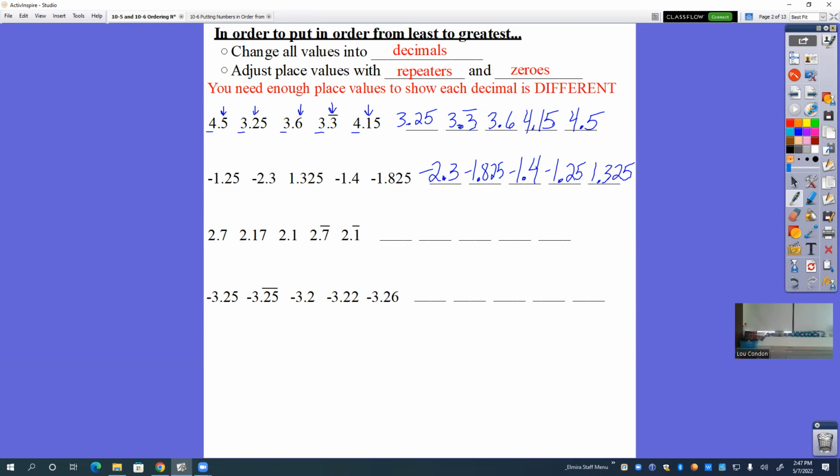Technically 1.325 is the biggest number in this group because it's the only positive value.